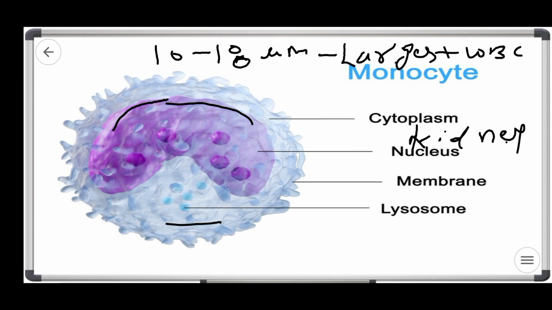The cytoplasm is usually pale blue and clear.